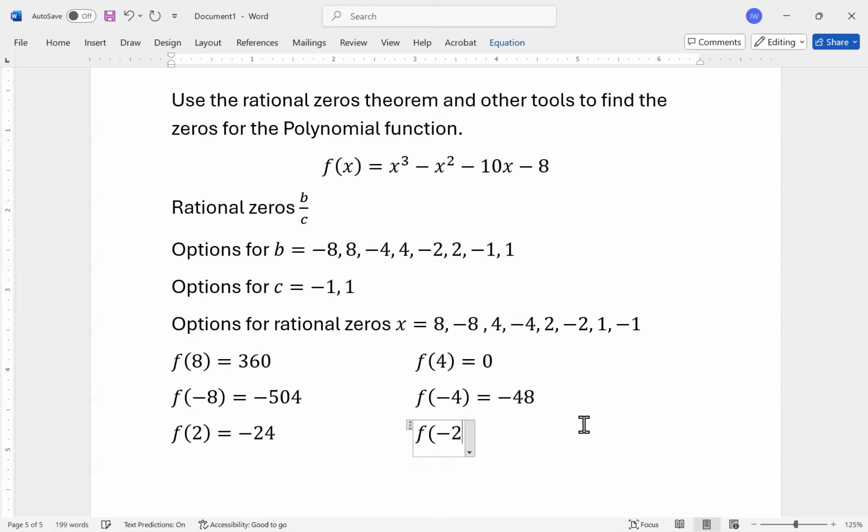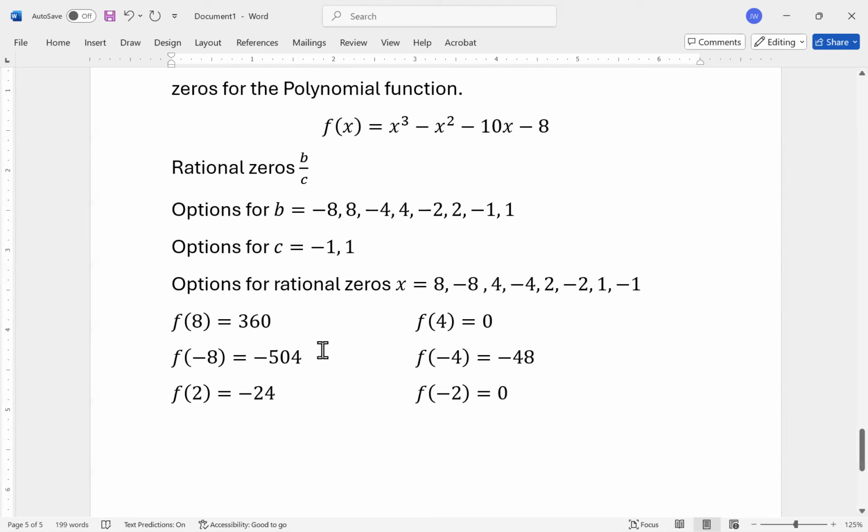What would happen if I plugged in a negative 2? Well, if I plugged in a negative 2, I also get a 0. So I know negative 2 is a 0 as well of this function. What would happen if I plugged in a positive 1? Well, just plug that in. You'll get a negative 18.